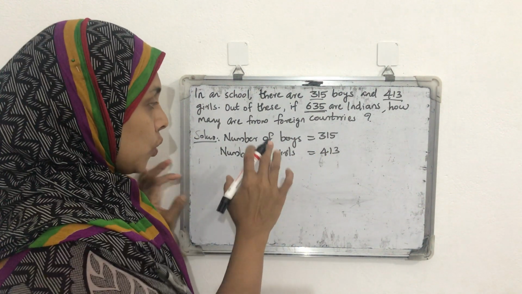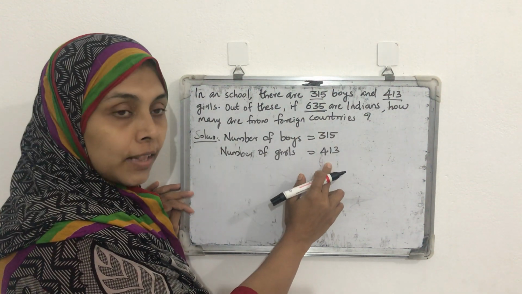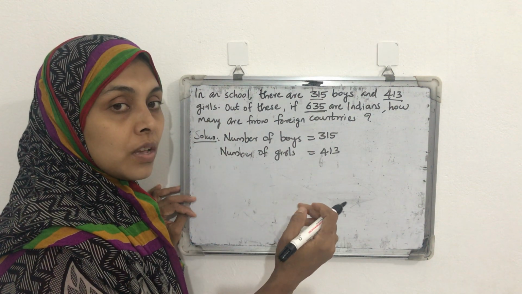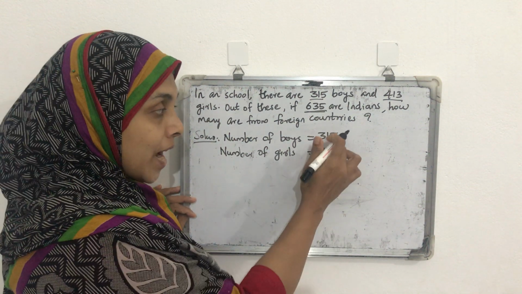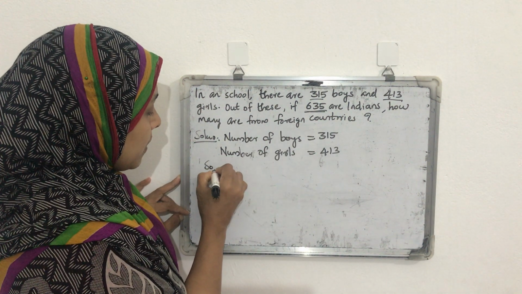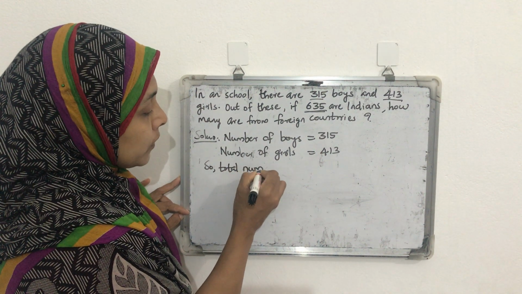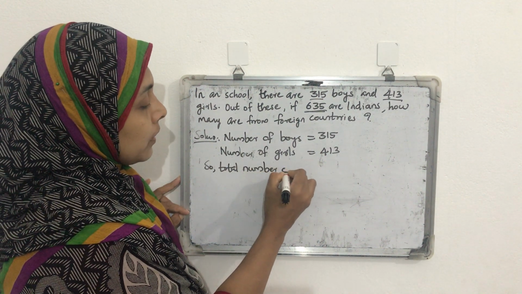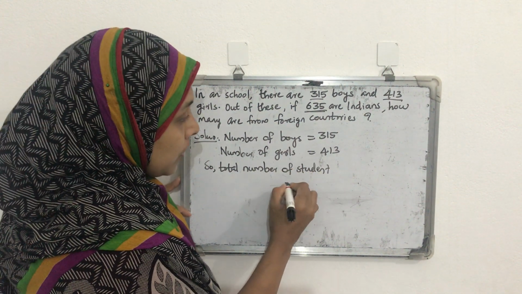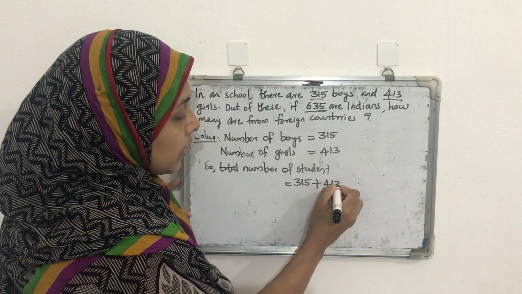413. Okay, so if the number of boys is this and number of girls 413, then how many total students will be there in that school? For that we want to add these two. So next we can write total number of students equal 315 plus 413.